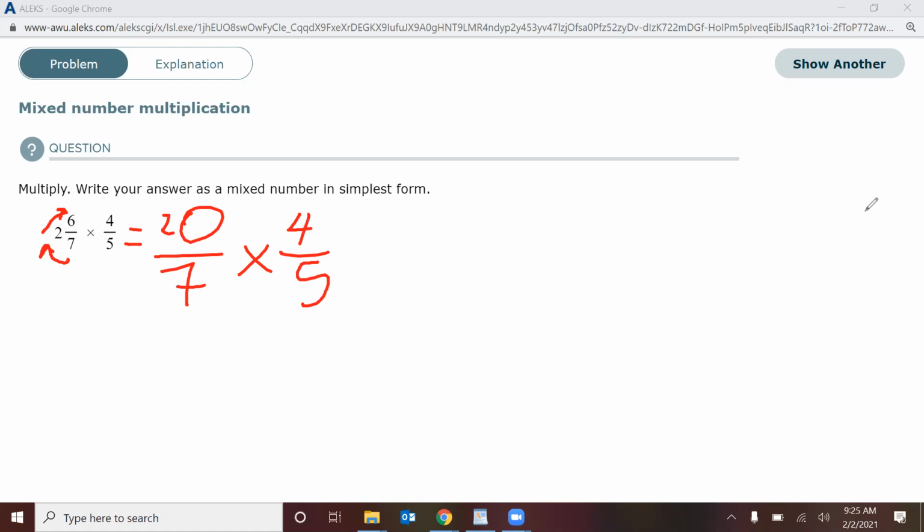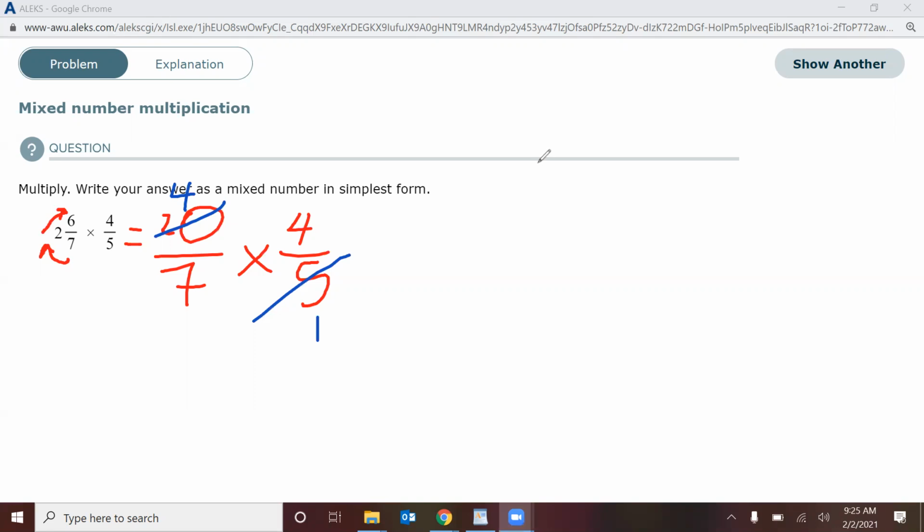Now, with multiplication in between the two fractions, and both of them being just fractions, not mixed numbers, I can cancel if it's possible. Well, I know that 5 divides into 5 once, and 5 divides into 20 4 times.